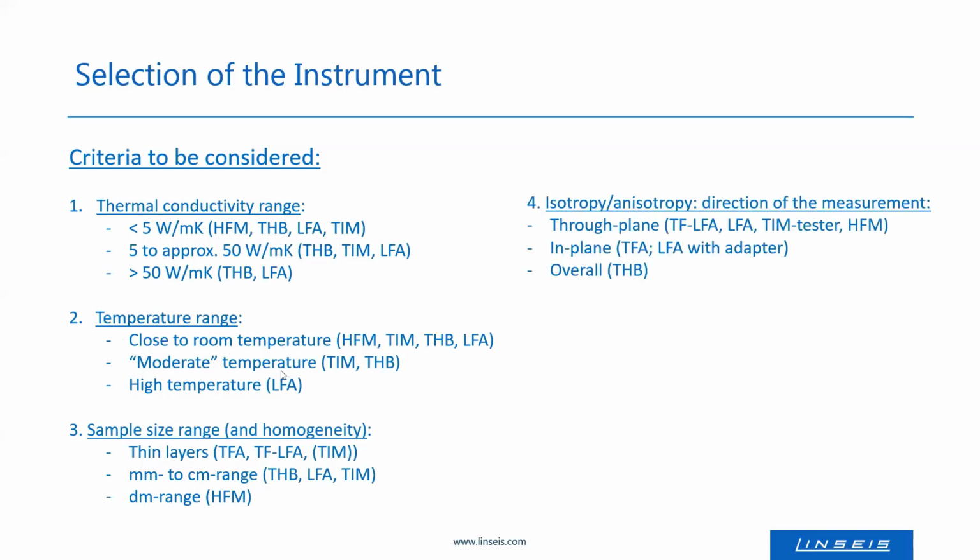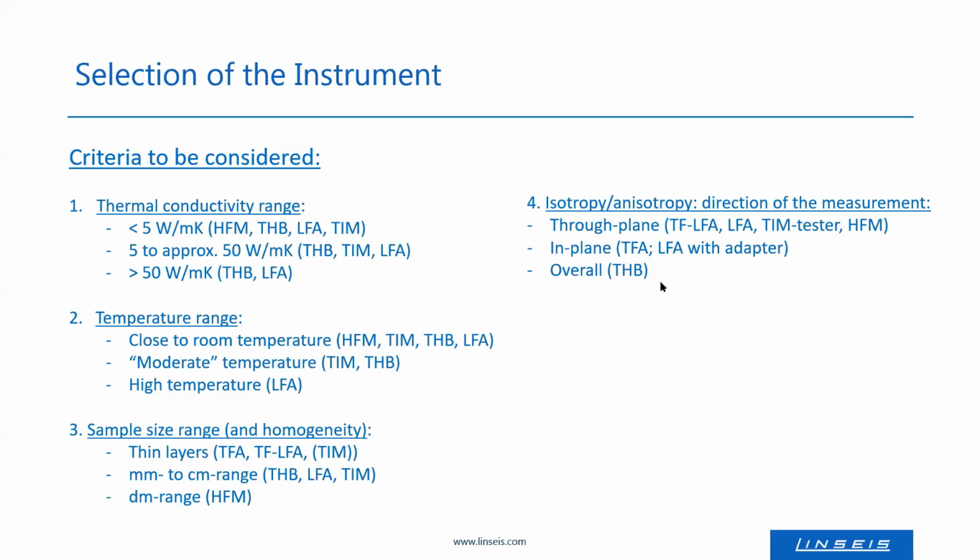The fourth criterion would be isotropy or anisotropy of your sample and the direction of the measurement. Some instruments can analyze through the plane, others in the plane, or the same instrument, the laser flash analyzer, for example, can be used for through-plane and in-plane measurement, but it needs a certain adapter and sample preparation.